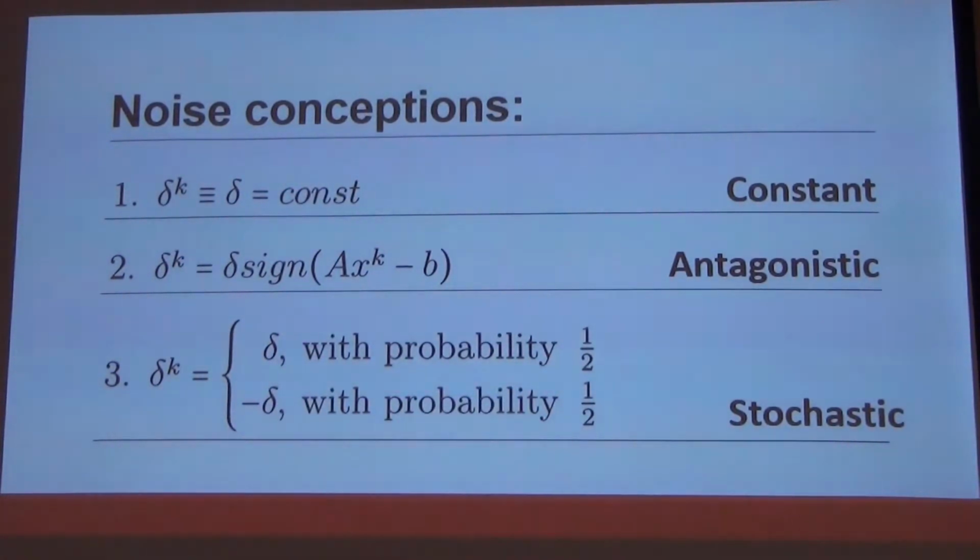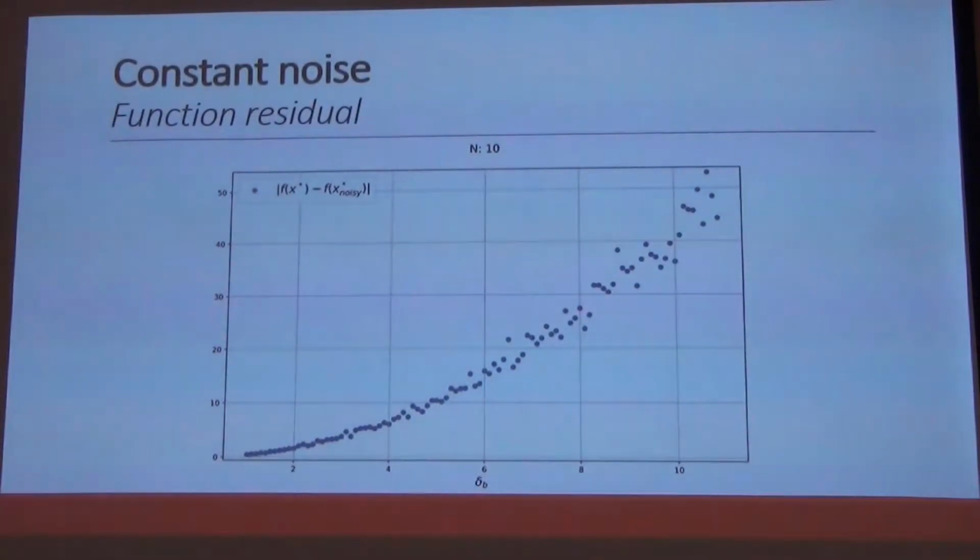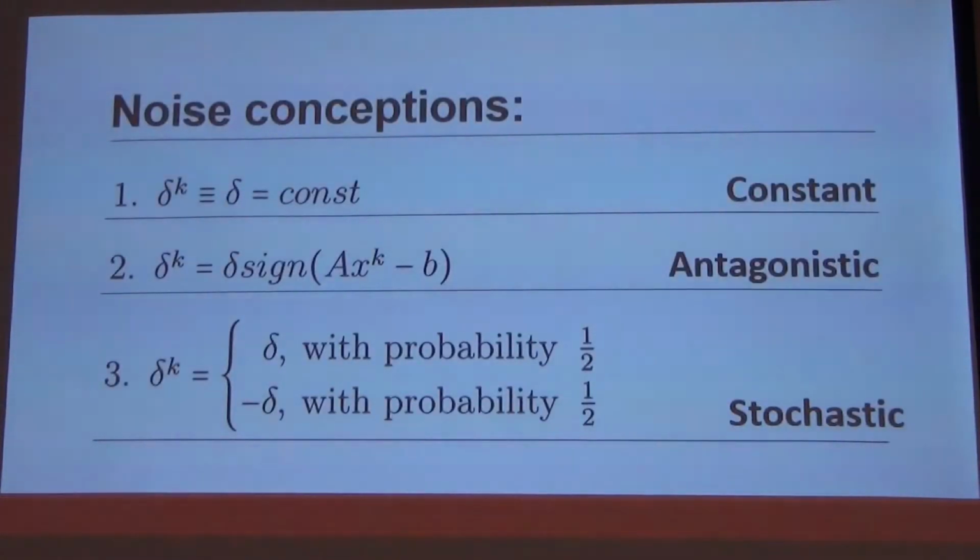This means that the minimum of the new function will move in the direction where the gradient will go, so the minimum will run away from our gradient. And the third is stochastic noise. This is where we just add or subtract delta with probability 1/2.